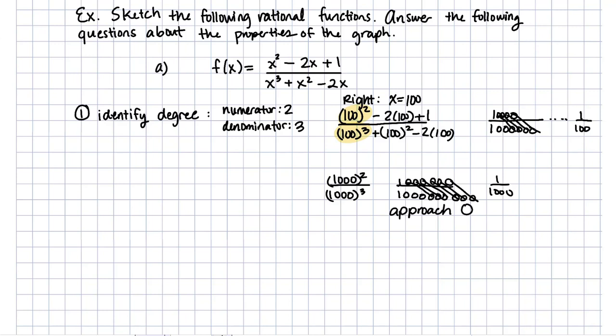Okay, so what is our takeaway from this? Because I don't want you guys to have to do this tedious process of plugging in an x value every single time to get the end behavior.